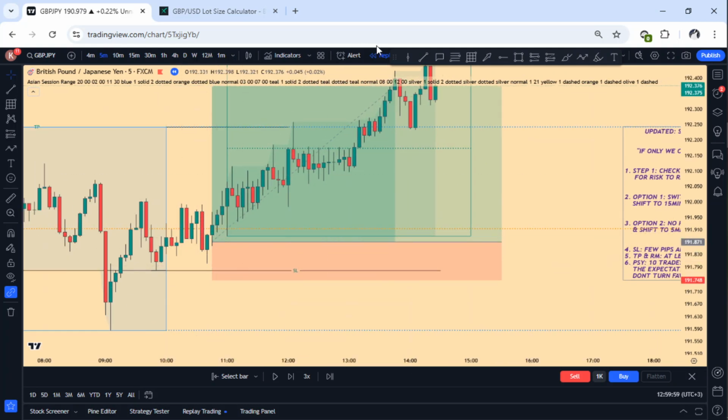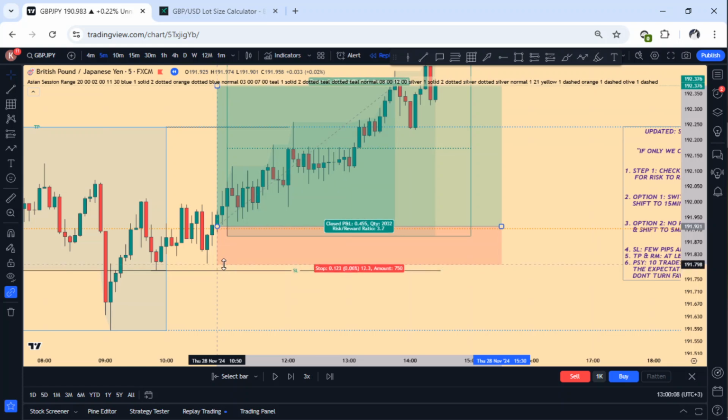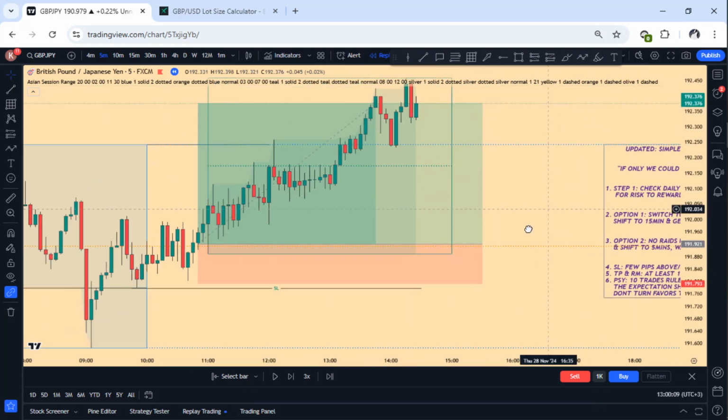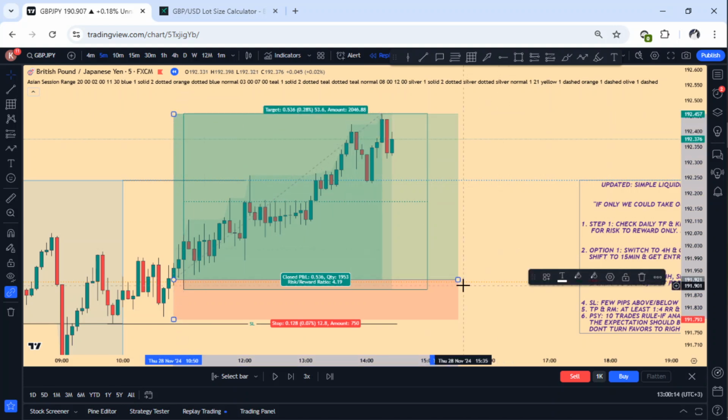After this pullback, we expect that the market should be moving upward. So if you get a double close in our direction, and then stop loss just below there for a 12 pip stop loss, you are still able to get a 1 to 4 risk to reward.